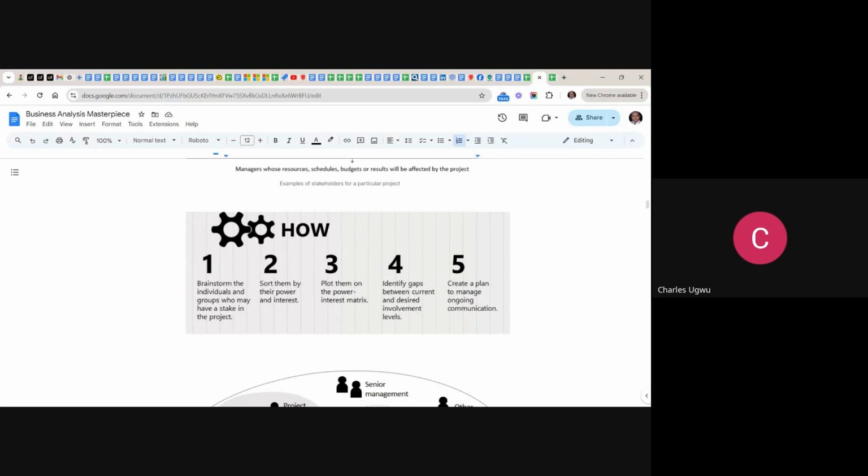So in situations like this, we identify all the stakeholders, see what the law is saying, and make sure we are compliant.